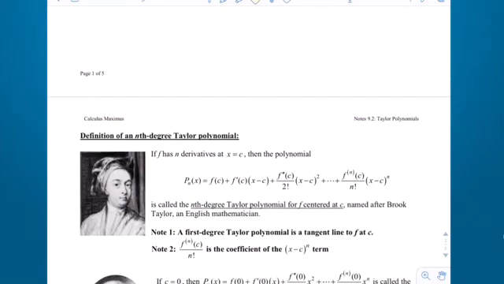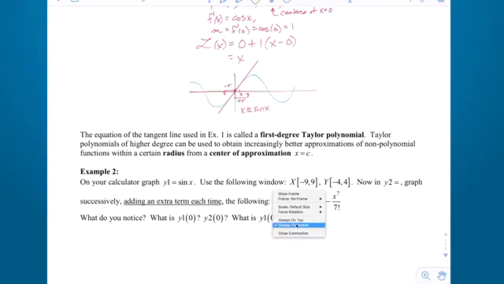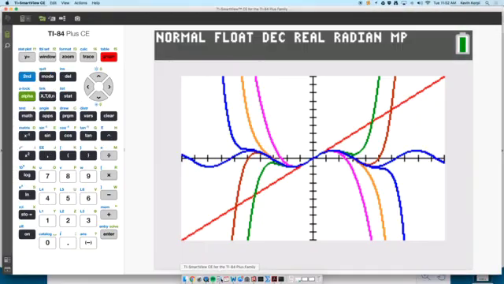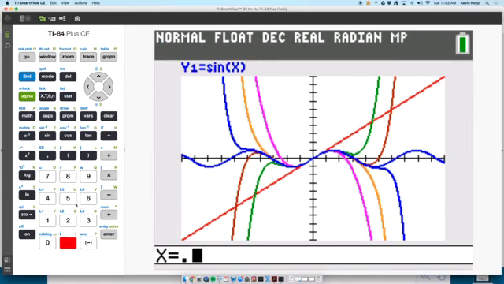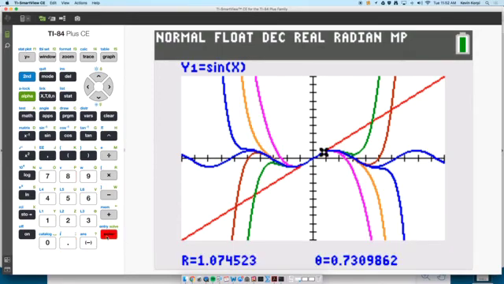Before I go on, I'm trying to move fast, but I don't want to compromise anything. Let's go ahead and hit the trace button. So notice I'm on the sine function. I want to get a little bit further away, so how about 0.8? Sine of 0.8 is, I'm in the wrong mode.